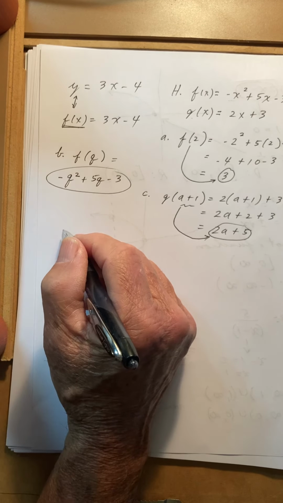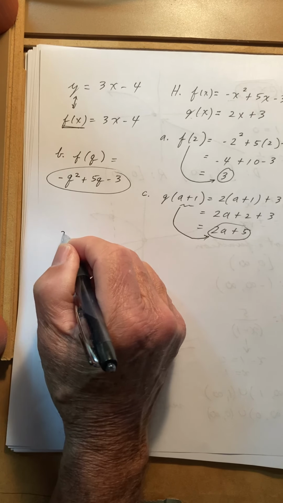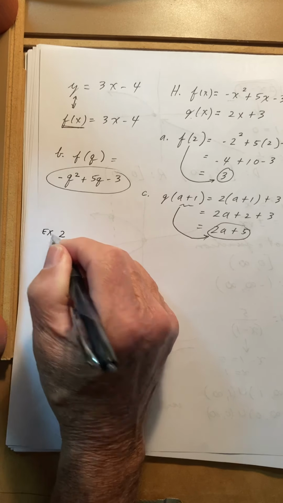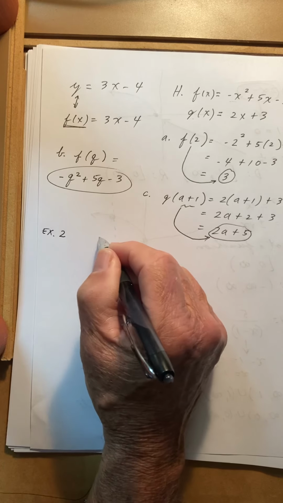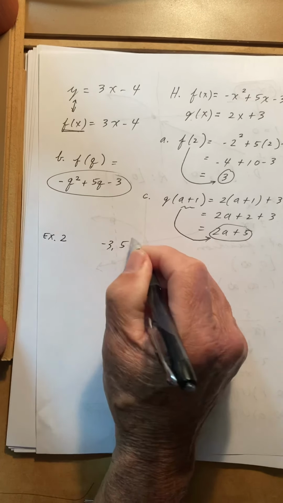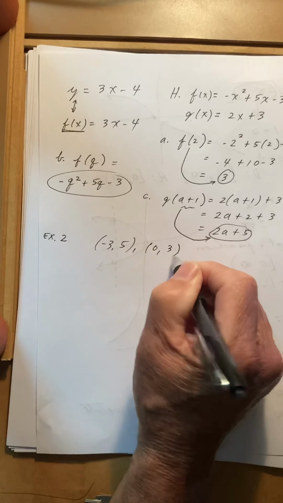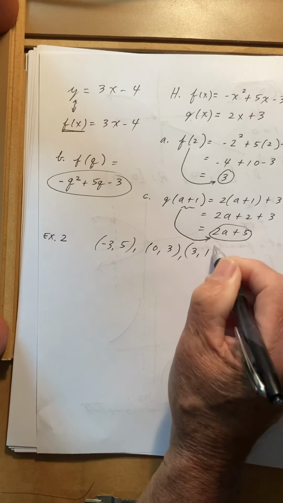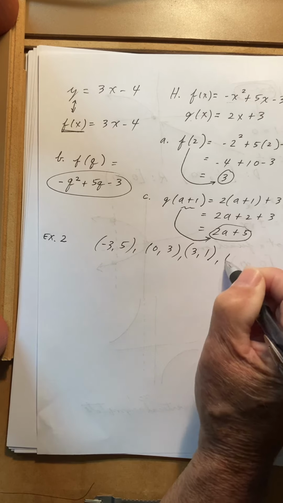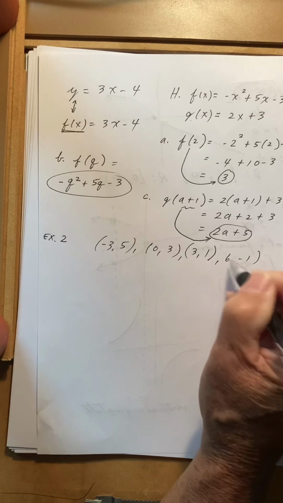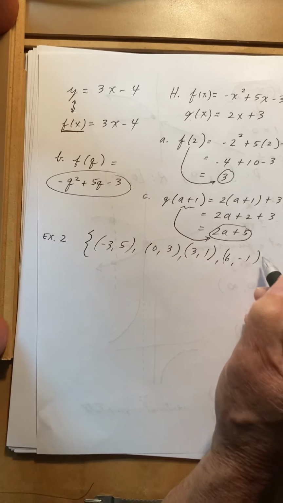Now here we have another example, example 2, where you have a set of ordered pairs: negative 3 and 5, 0 and 3, 3 and 1, and 6 and negative 1. This is a set of ordered pairs.